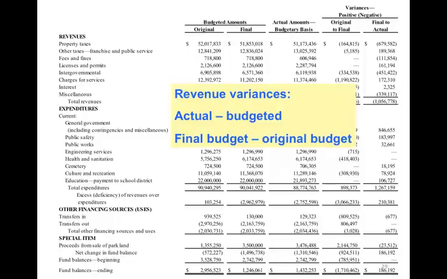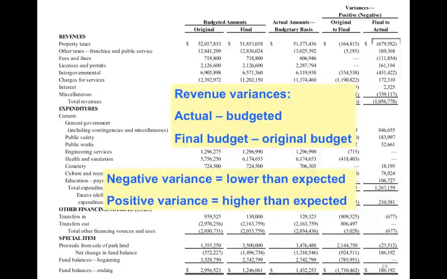A revenue variance is calculated by subtracting the earlier amount from the later amount. So budgeted is subtracted from actual, original budget is subtracted from final budget. That's how you find out what the revenue variance is. And if it's a negative variance, it's in parentheses.